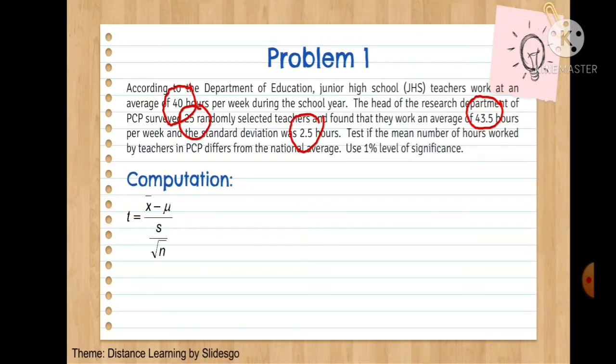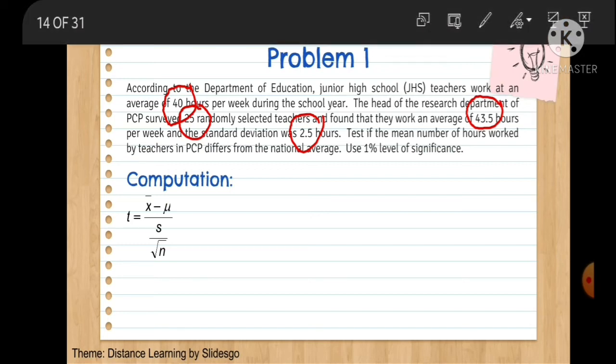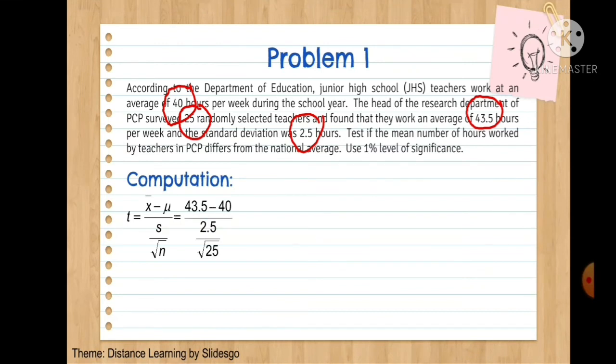So this is our formula. T is equal to sample mean minus population mean, all over standard deviation over the square root of n. So substitute the given values. We now have 43.5 minus 40 all over 2.5 divided by the square root of 25.